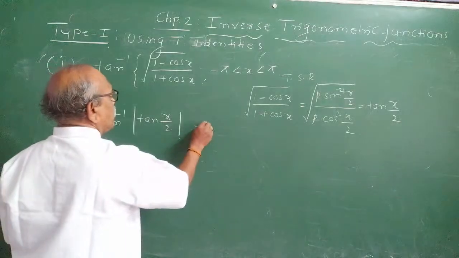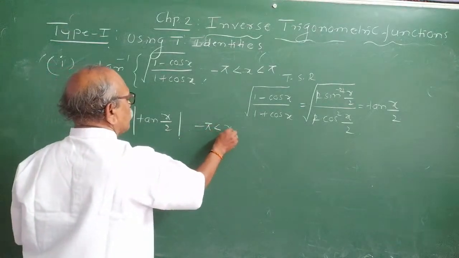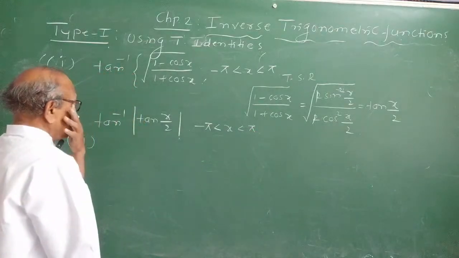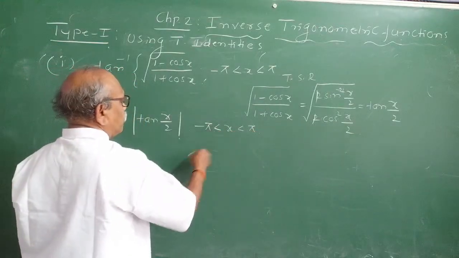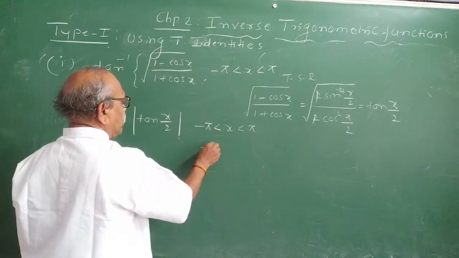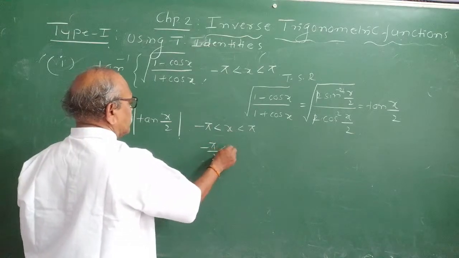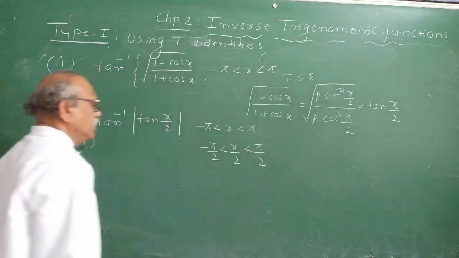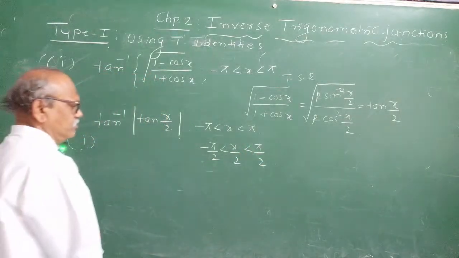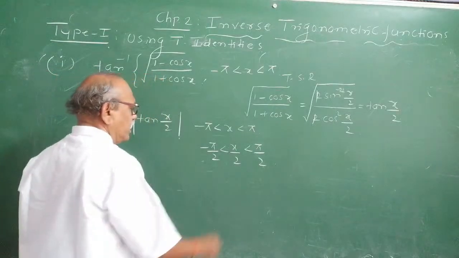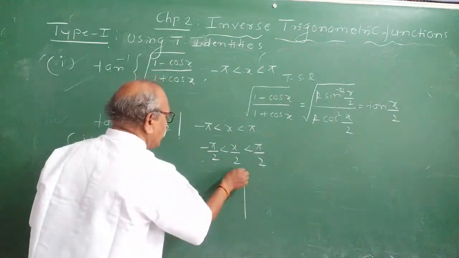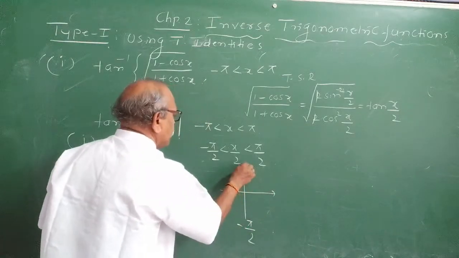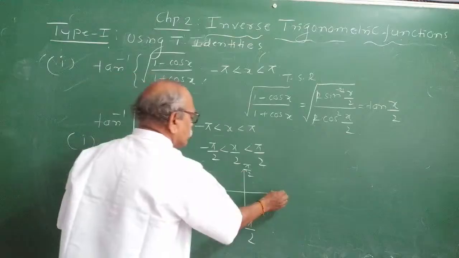When minus pi is less than or equal to x, x is less than or equal to pi, if you divide throughout by 2, you will get minus pi by 2 is less than or equal to x by 2 is less than or equal to pi by 2. It can have two values. Are you getting me? This tan will be, observe, from minus pi by 2 to plus pi by 2. It can have two values.